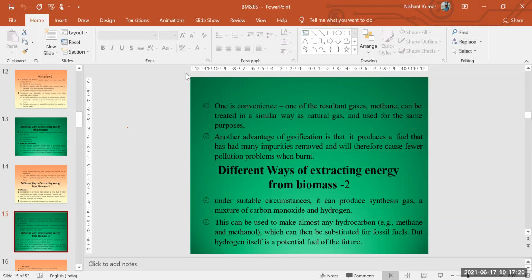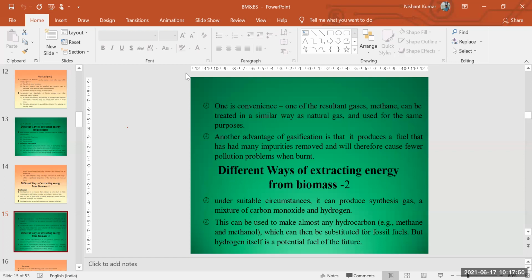Under suitable circumstances, it can produce synthesis gas, a mixture of carbon monoxide and hydrogen. This can be used to make almost any hydrocarbon, that is methane and methanol, which can be substitutes for fossil fuels, but hydrogen itself is a potential fuel for the future.